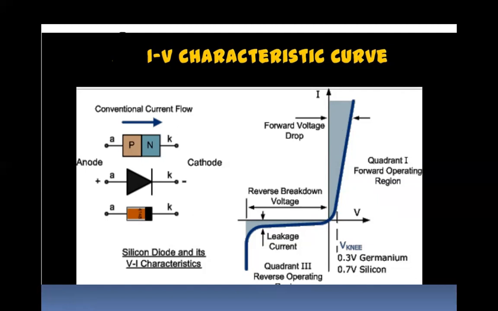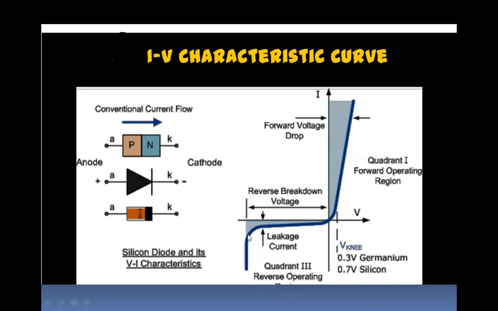In the case of reverse bias, we can see that it is 0 and 0, and here we will be getting a reverse breakdown voltage. This is called a leakage current. There will be some leakage, and then here we can see that the current is rising. Actually, they have given this like a zener.